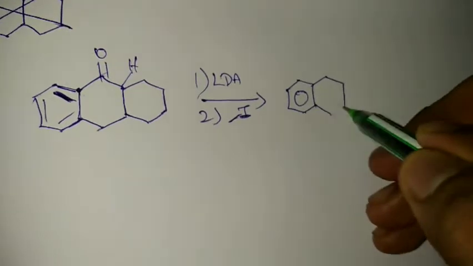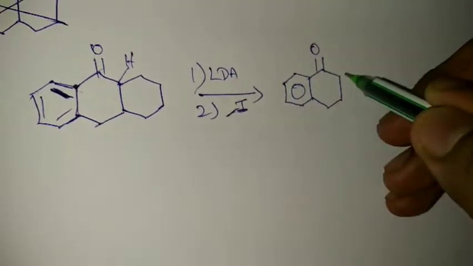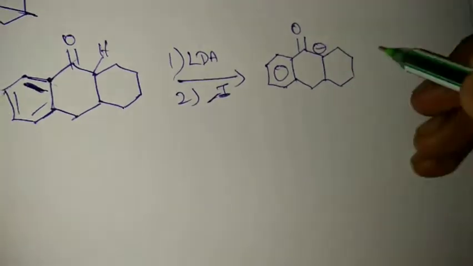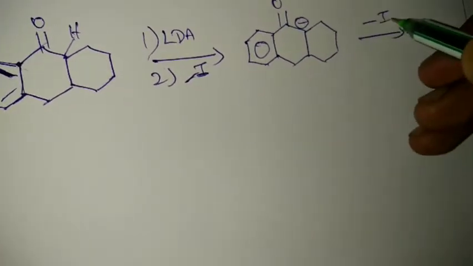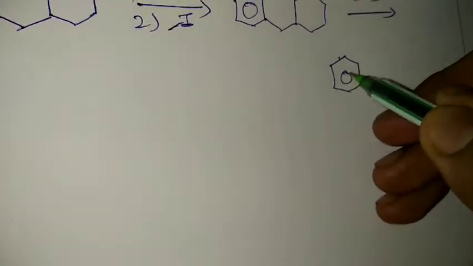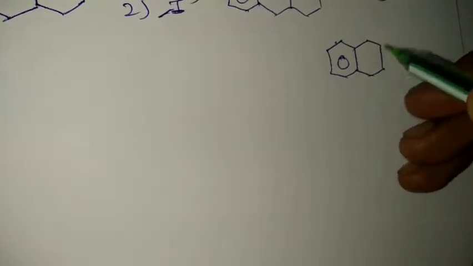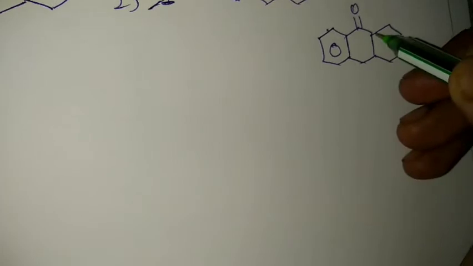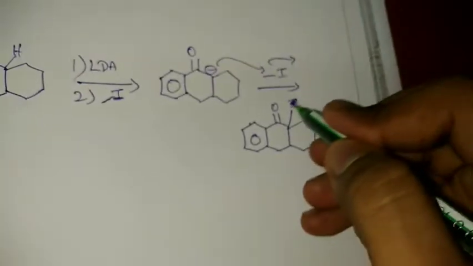So the negative charge forms over here and attacks this, and the iodine leaves. So what you get is this compound, with CH3. Okay, these are the reactions of LDA.